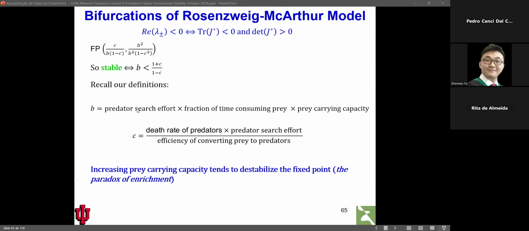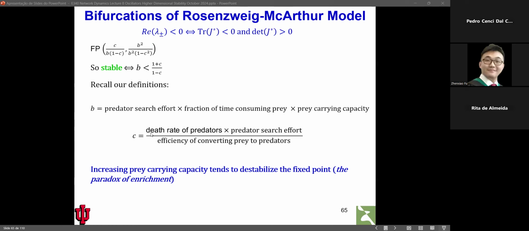Okay, so B is the predator's effort, the fraction of time that it is consuming, and the maximum number of prey that you have.